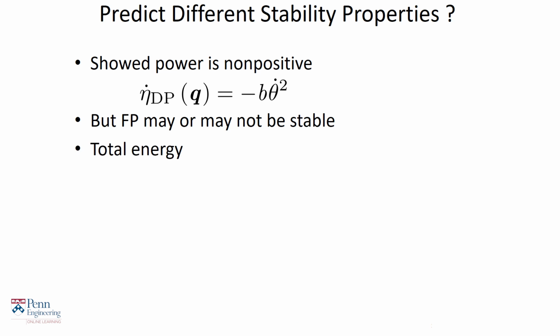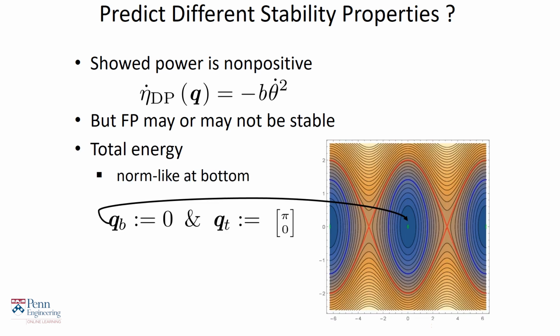We took the total energy and we looked at the total energy as a norm in the damped harmonic oscillator. And indeed, for the pendulum, when you look at the total energy expression in the phase plane, you can see that close to the origin, the level curves of total energy indeed are norm-like. They encircle neighborhoods of the origin.